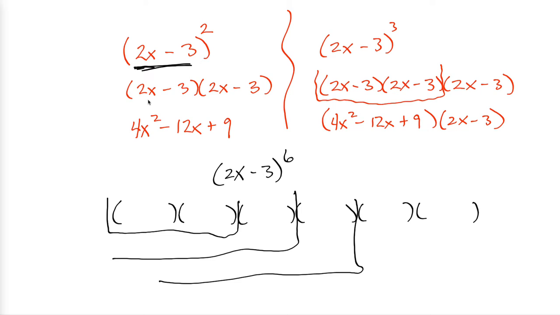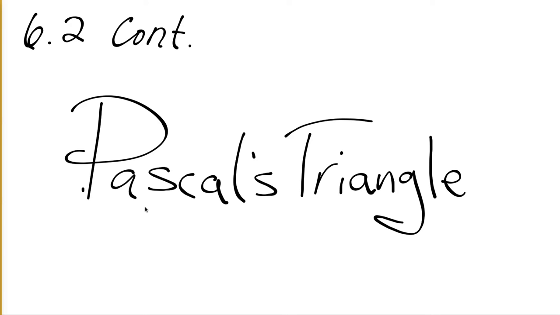If you're trying to take 2 terms to a power, it follows what's called Pascal's triangle. So forever ago, Pascal figured out a pattern. And so we use that pattern to help us figure out larger answers.